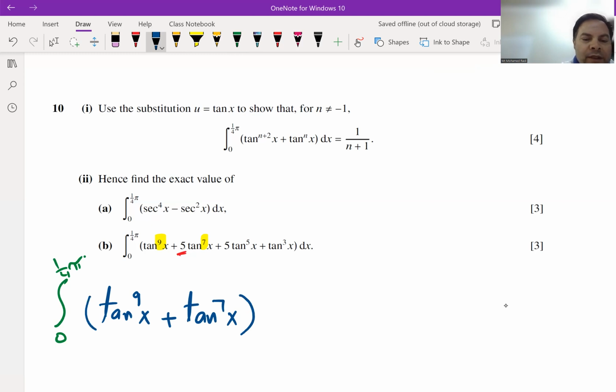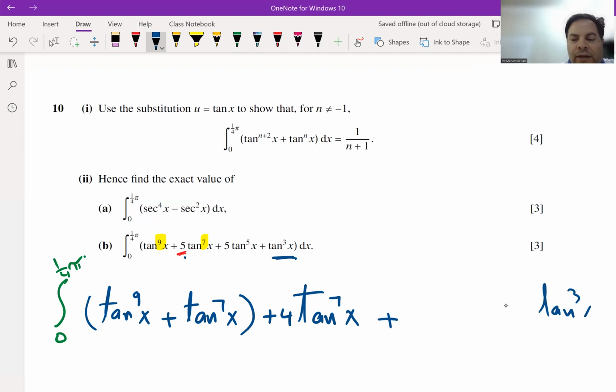Together, this is 5, now the left is 4 only, 4 tan power 7x. By the same way, tan power of 3x with tan to the power of 5x together you can apply the 4.